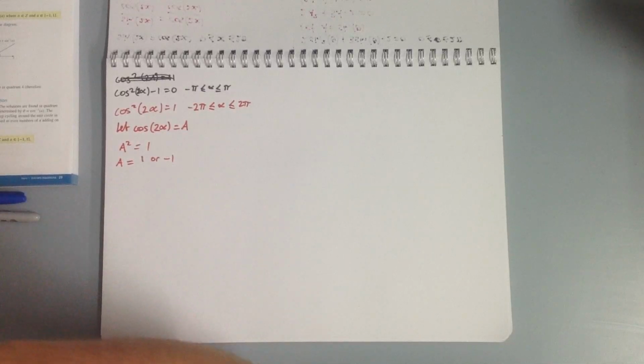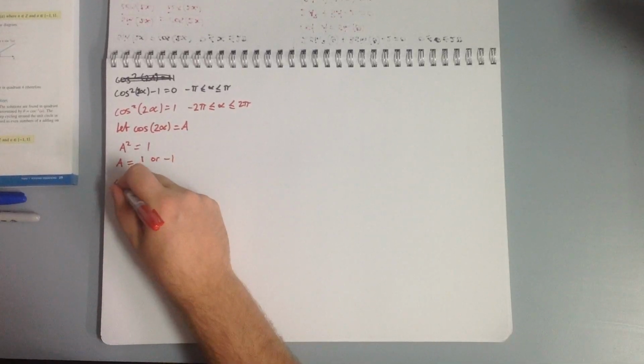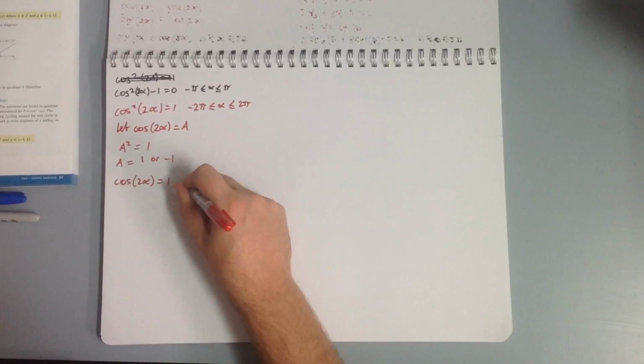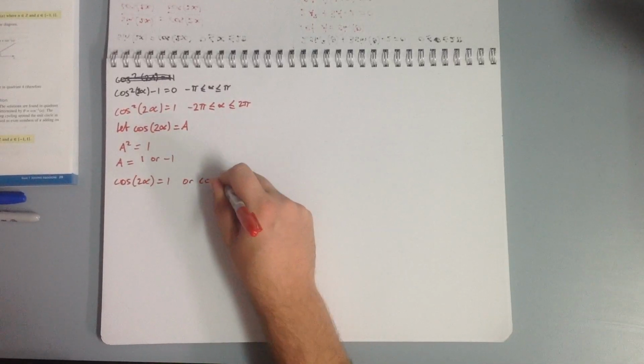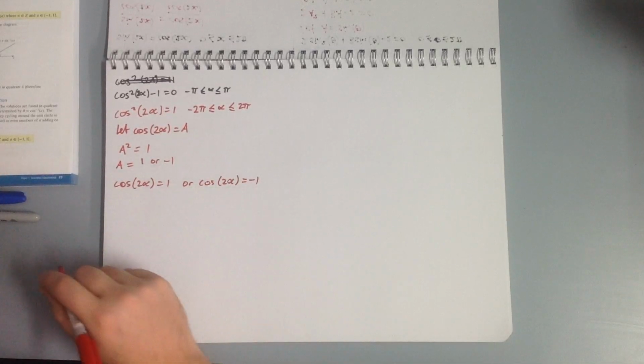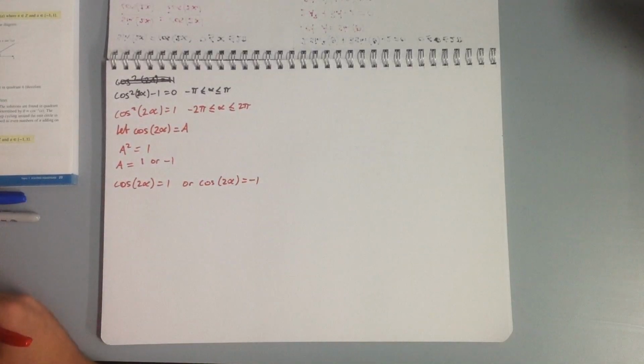Right, 1 or negative 1. So now we're going to solve cos of 2 alpha equals 1 or cos of 2 alpha equals negative 1. That is what we need to do.